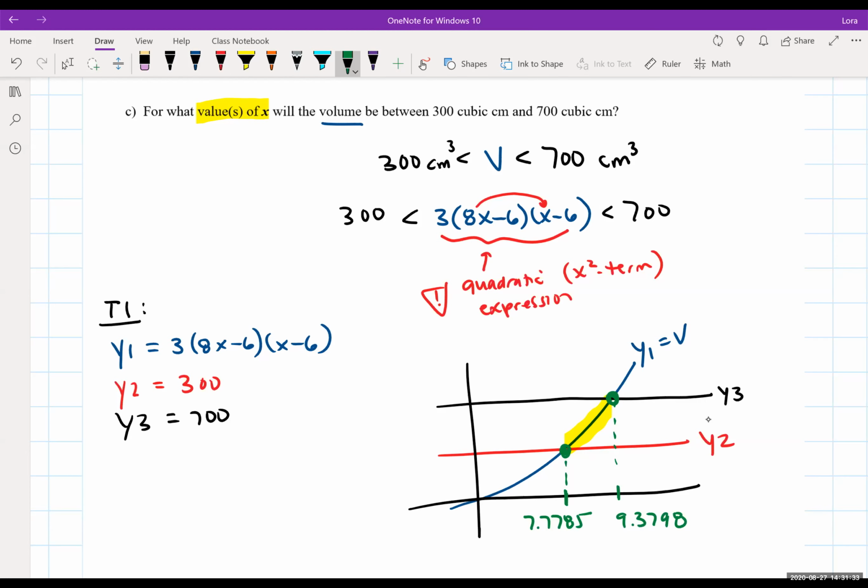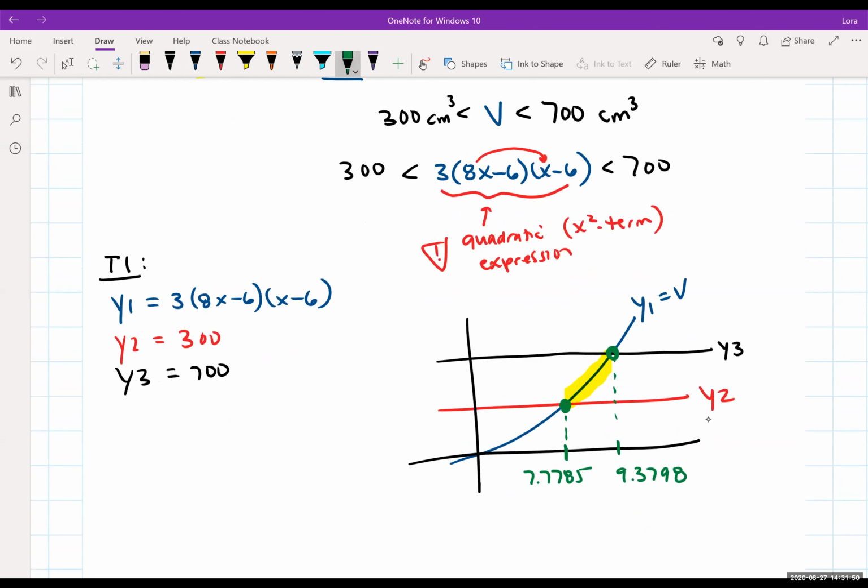And now if you're thinking, okay, we found those particular X values, what did the problem want? It wanted all of the values of X for which the volume is going to be in between 300 cubic centimeters and 700 cubic centimeters. So if you only list the 2 X values that you found, that's not entirely the correct answer.